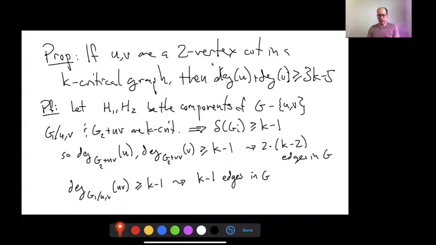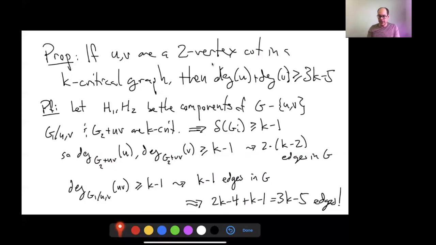And therefore, we get K minus 1 edges accounted for by the UV vertex in this graph. Altogether, this gives us a total of this plus this many edges, which is 3K minus 5 edges emanating from either U or V in the graph G. And that's the proof of our proposition.